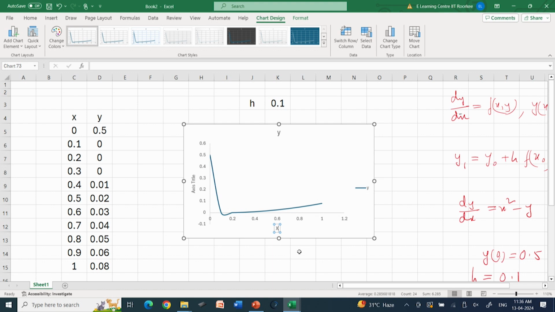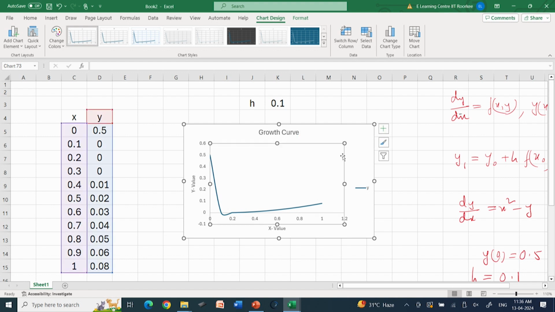I put this is x value, here I put y value, to keep the same format, and here I can change something like growth, some title.